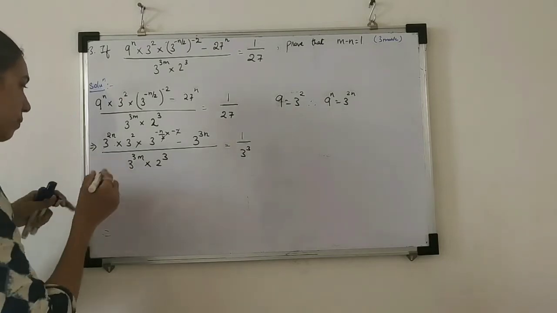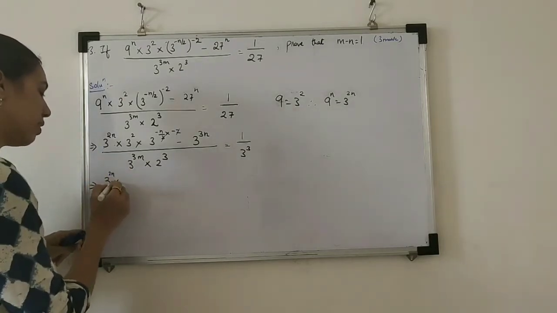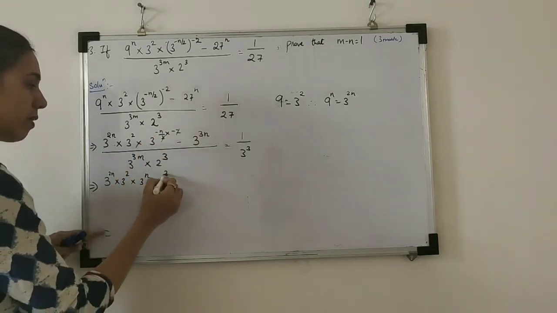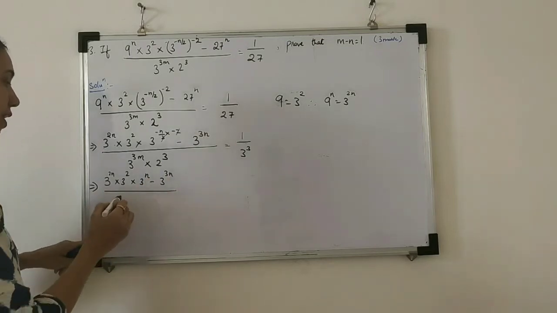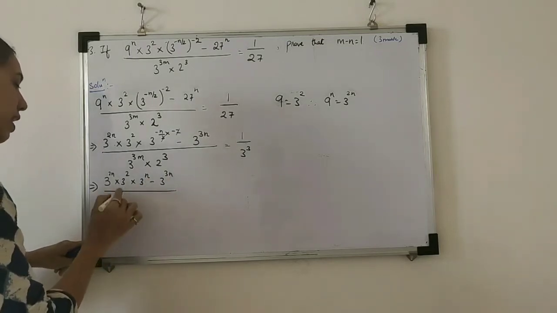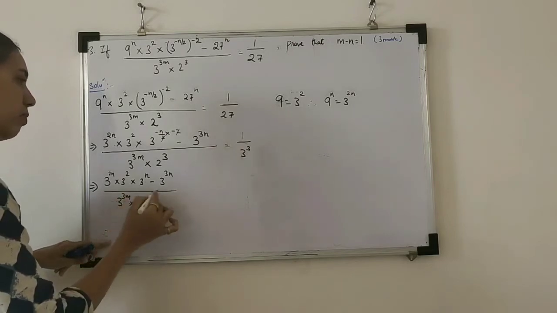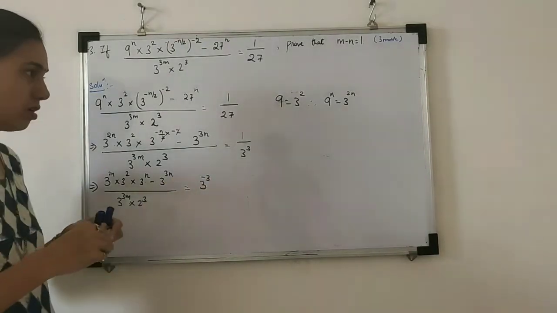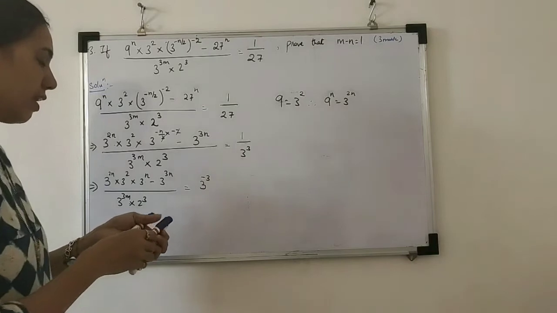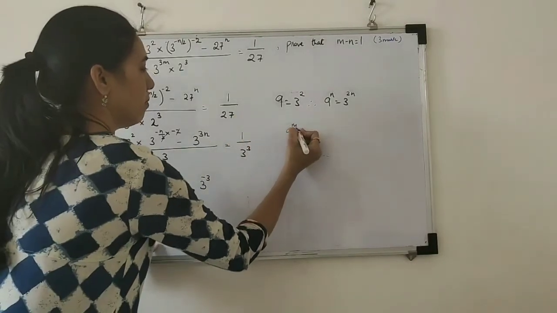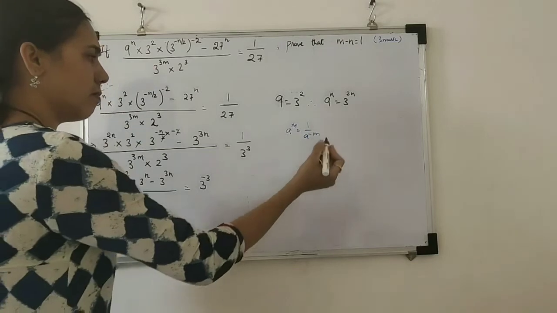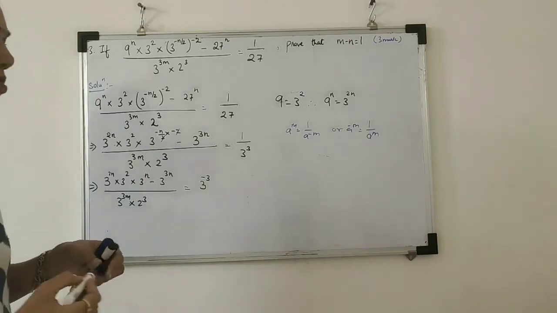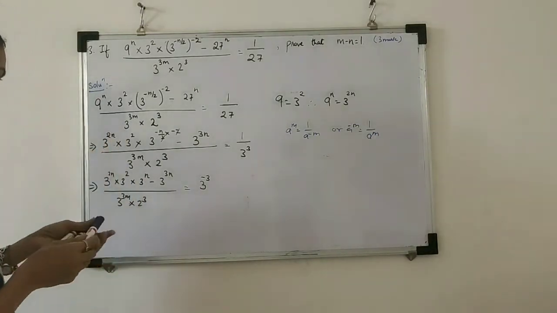So let us write that. This is 3 to the power 2n into 3 square into 3 to the power n, minus 3 to the power 3n, divided by 3 to the power 3m into 2 cube, is equal to, now this I can write as 3 to the power minus 3. Because I can write a raised to minus m is equal to 1 upon a raised to m. So I have used that logic and I have written it in this way.